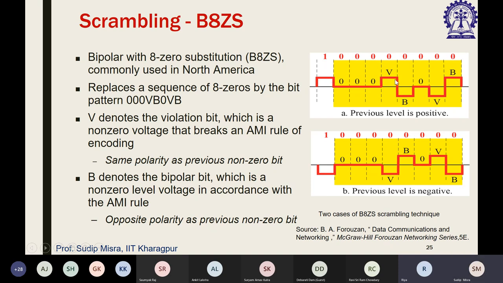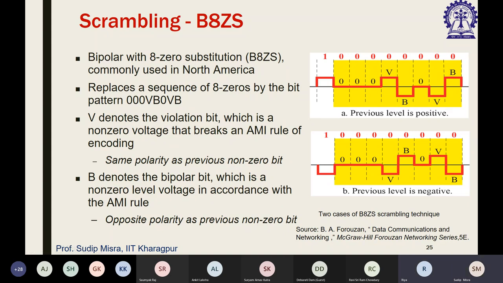Because you get a positive violation, the polarity is positive, right? So because the polarity is positive, with the B bit you neutralize the polarity. This is positive, so you make it negative.